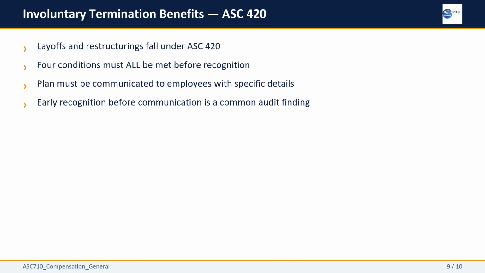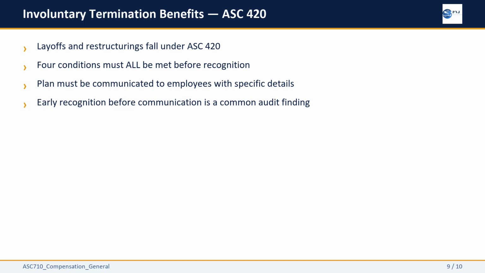When management decides to lay off employees, not as a voluntary program but as a business decision, the liability falls under ASC 420, and here is where teams get into trouble. All four conditions must be satisfied before you record anything. Management has approved a detailed plan. The plan identifies the affected employees and their functions and locations.